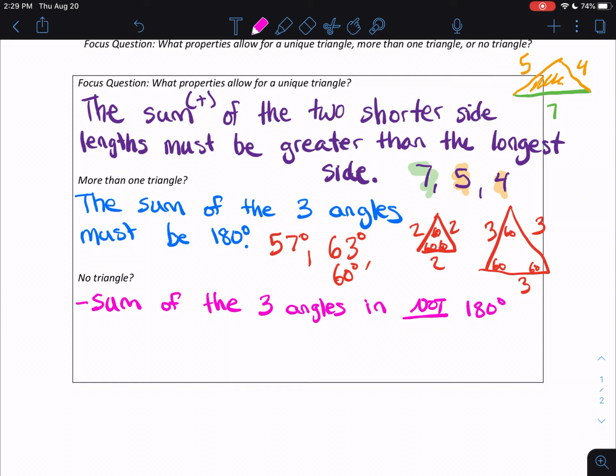There is another way that we can't make a triangle, which we figured out when we were talking about side lengths. There were two different things that could happen.